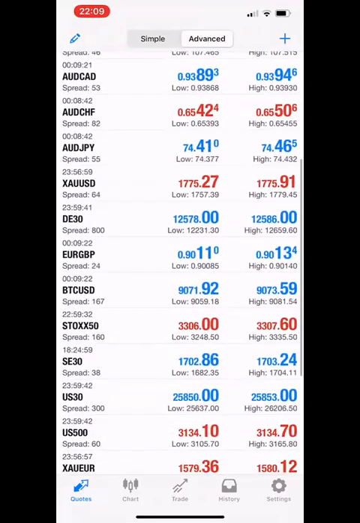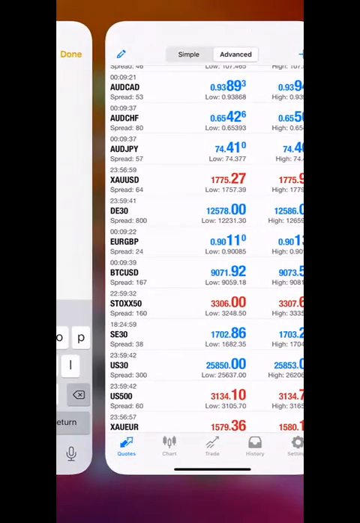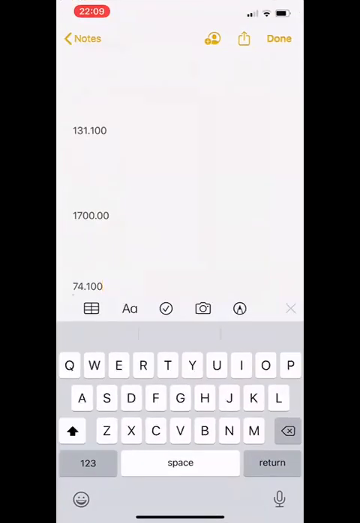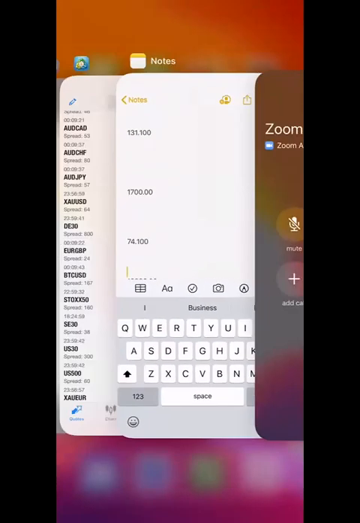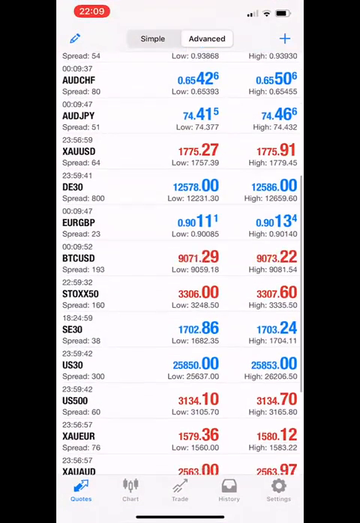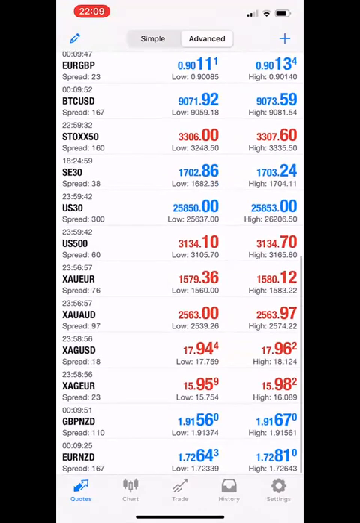And then we have indices as well. The indices are like 5, 10, 0, 0. The indices, for example, 12200.00, right? And then we have cryptocurrency. Let me get cryptocurrency.